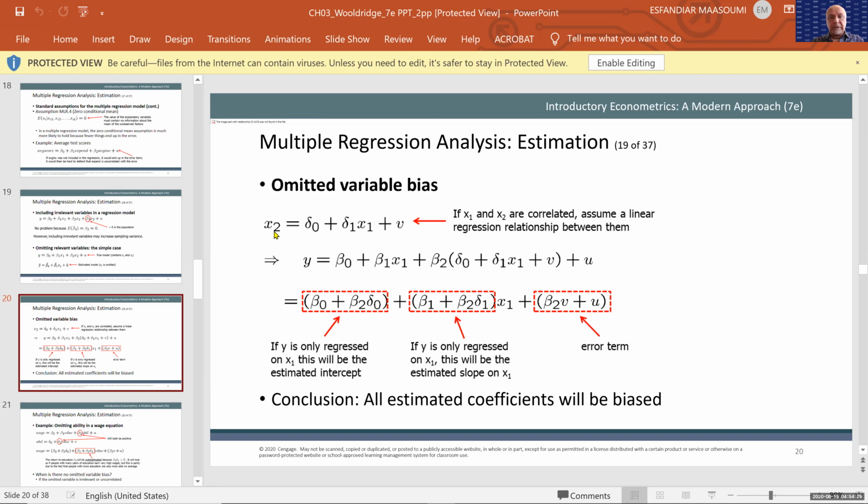So suppose the omitted variable is related to the included variable in this fashion. That makes sure they're correlated. So I replace in the true model with x1, x2, replace x2 with this function. Collect terms, the constants, the ones that involve x1 and the error term, right?